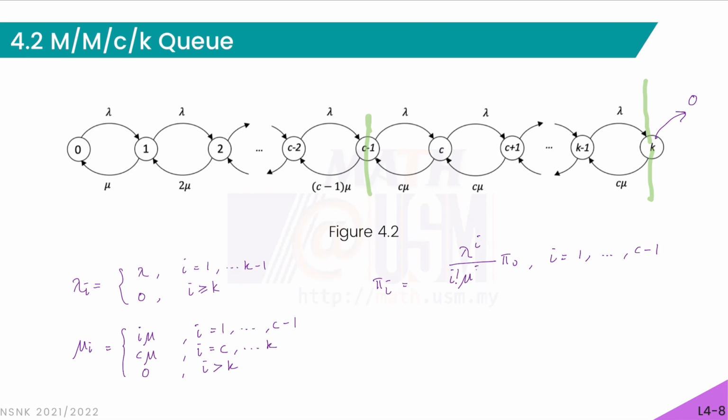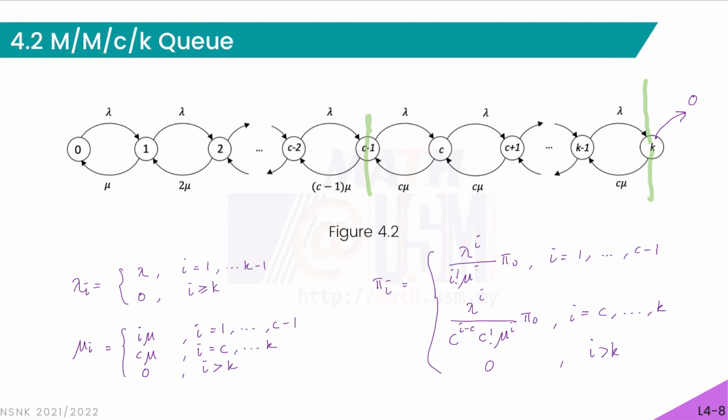And then you will have lambda to the power of i over C to the power of i minus C times C factorial times mu to the power of i times pi naught, for i equals C up until K, and 0 otherwise, for i greater than K.